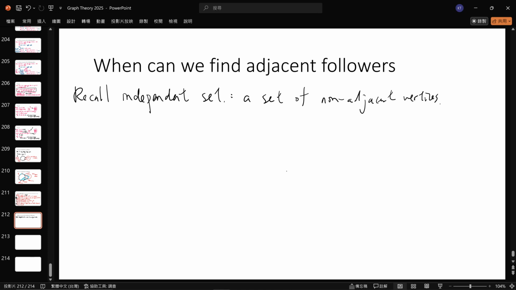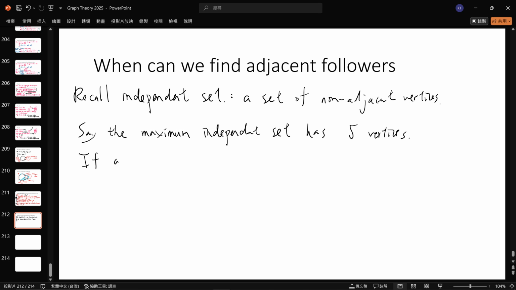Well, the idea is the following. Say the maximum, that is the largest independent set, assume that we have a maximum independent set of 5 vertices. And if a set has 6 vertices, then I claim that at least 2 of them are adjacent.